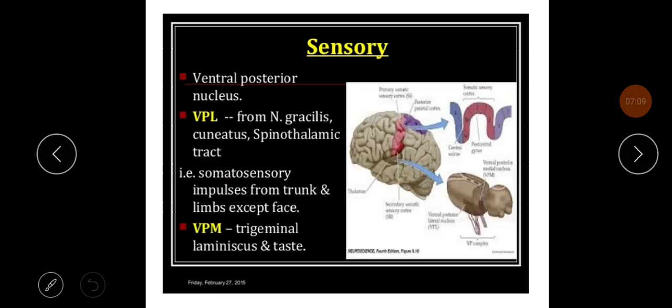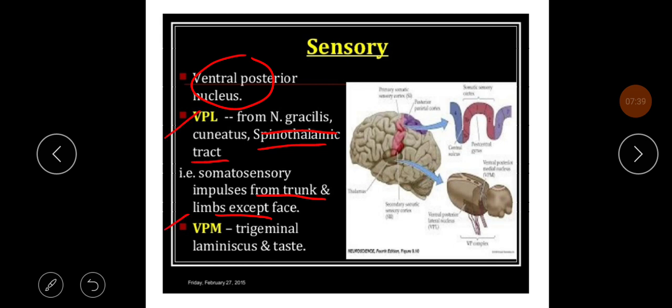The ventral posterior nucleus has again been divided into medial and lateral. The lateral receives information from the nucleus gracilis, which is a part of the dorsal tract, and cuneatus, and the spinothalamic tract, which carries pain and temperature. So somatosensory impulses from the trunk and limbs, except the face, are relayed into these nuclei.